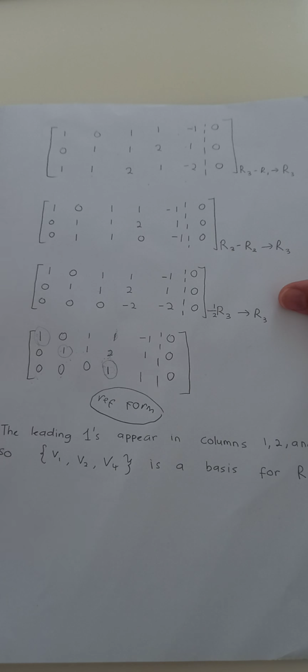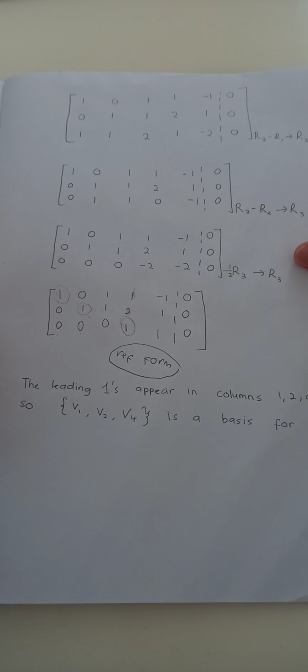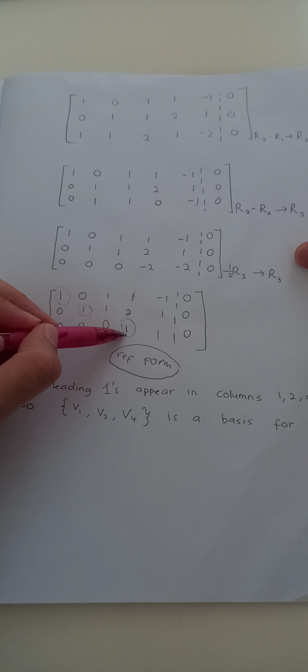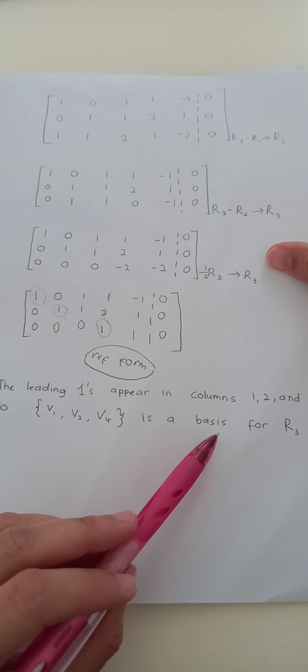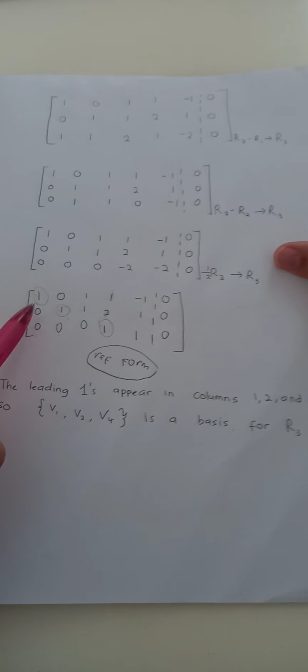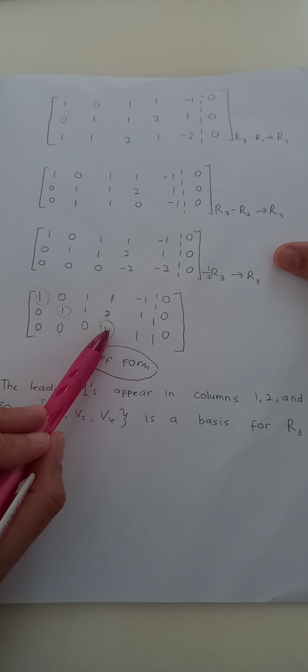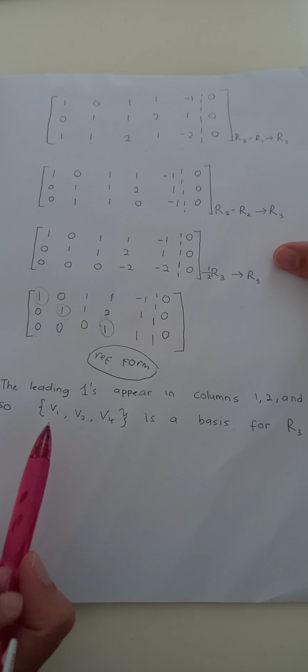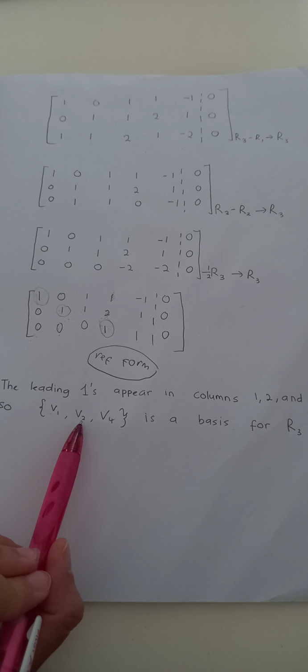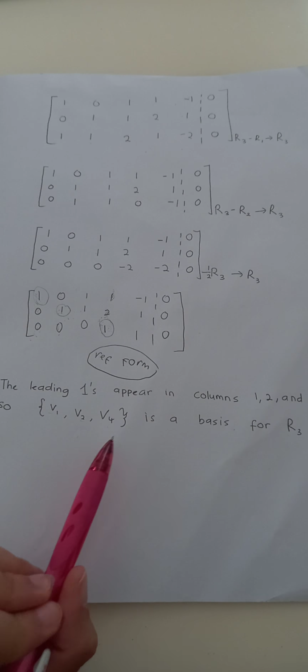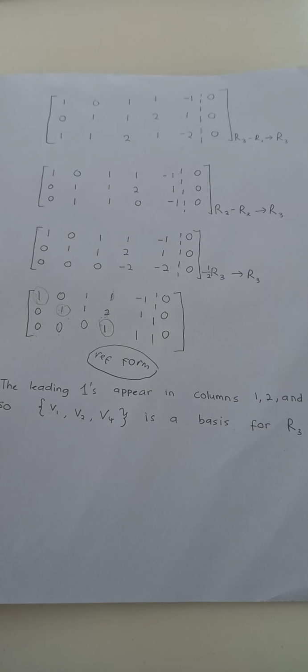So the leading ones are in the first, second, and fourth columns. Therefore, this is V1, this is V2, and this is V4.